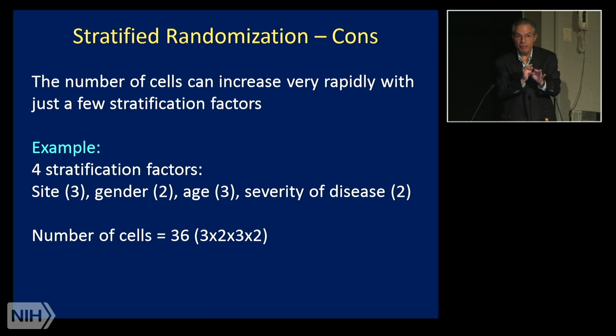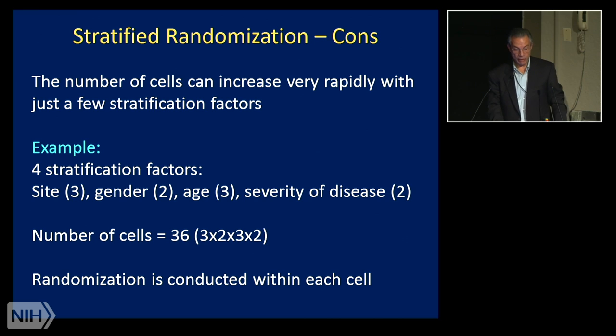And if you have very few people in each cell, because you've got 36 of them, you run into problems, into imbalances, and things don't even out, because you didn't have enough people to separate them into two groups. And it goes up very, very quickly. So bottom line is you want to keep the number of stratification variables to a minimum.